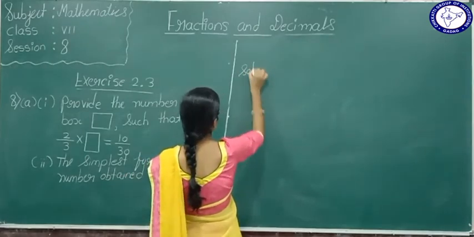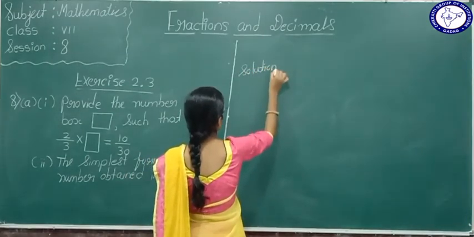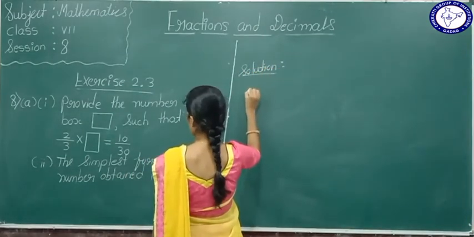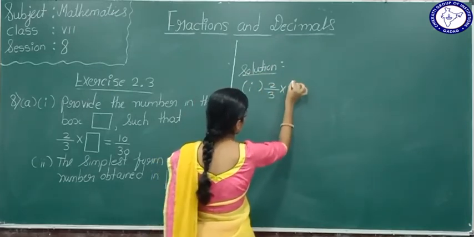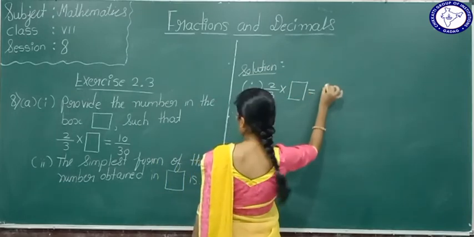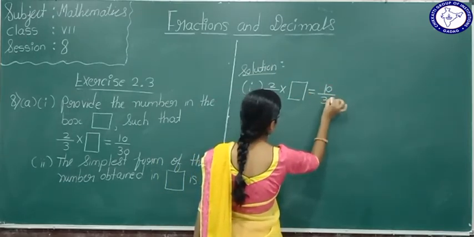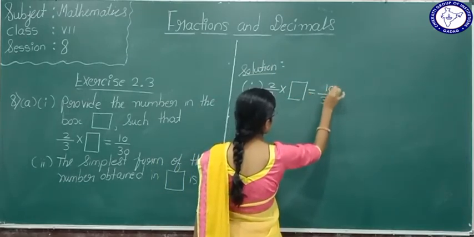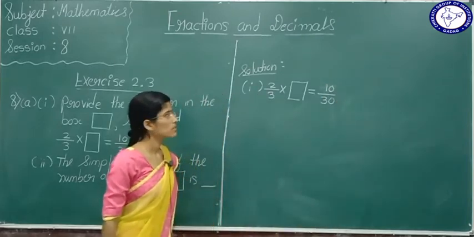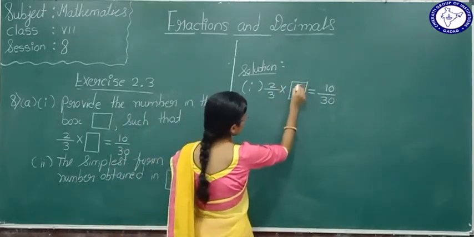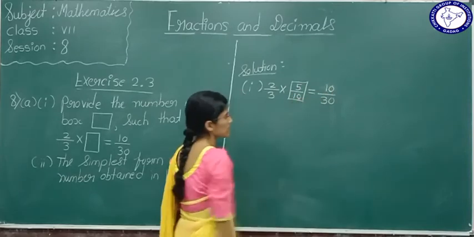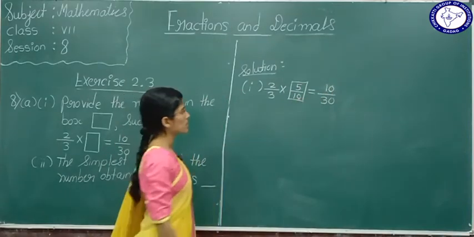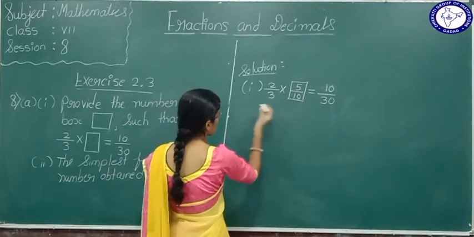See the solution. First one: 2 by 3 multiplied by what is equal to 10 divided by 30. 2 5s are 10, 3 10s are 30. So this is nothing but 5 by 10.